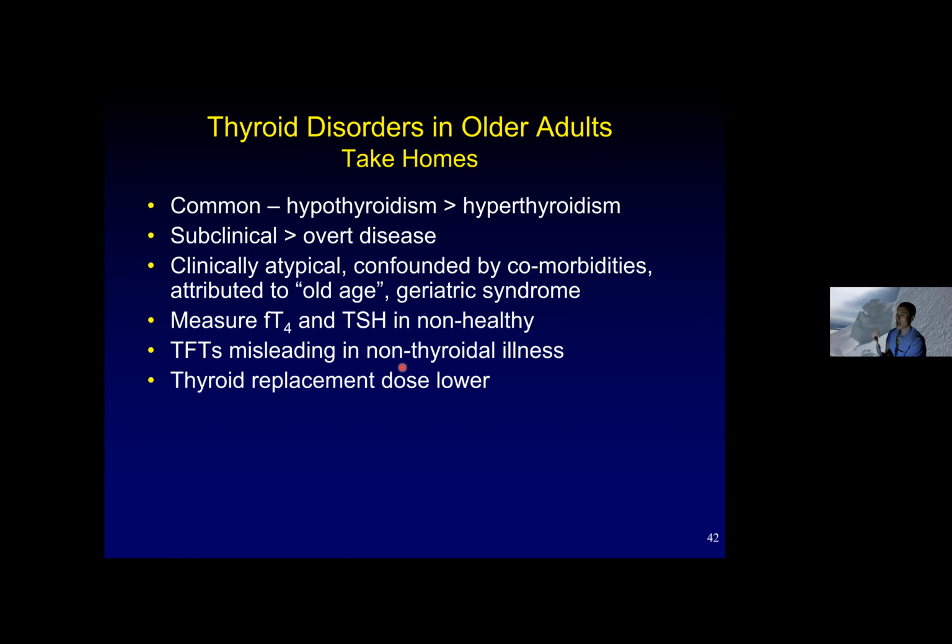When we diagnose hypothyroidism, we're going to replace somebody with thyroid hormone. We start low and go slow, and we monitor the patient to make sure that we don't unmask cardiovascular disease, for instance, that because of the low metabolism was subclinical.